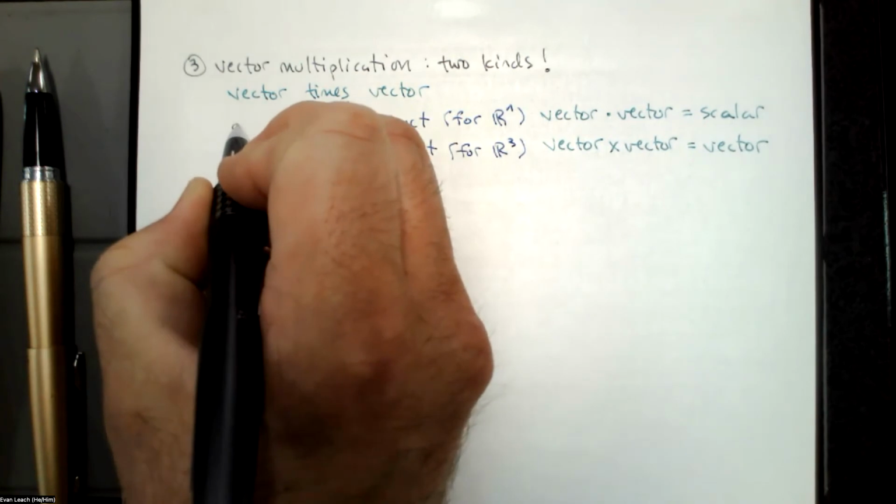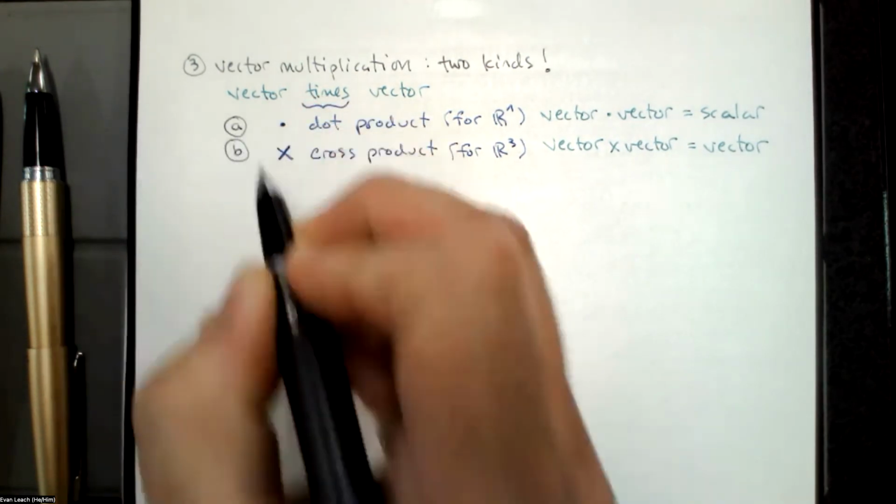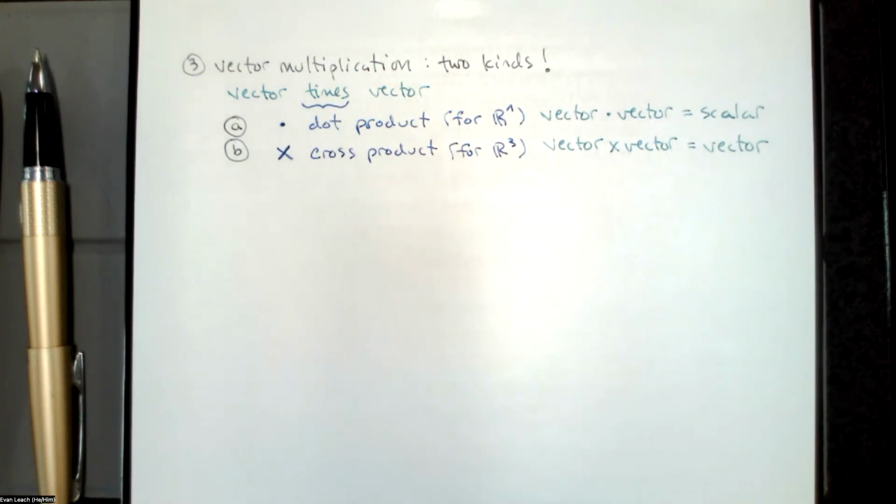So two kinds of vector multiplication. Vector dot vector, vector cross vector.